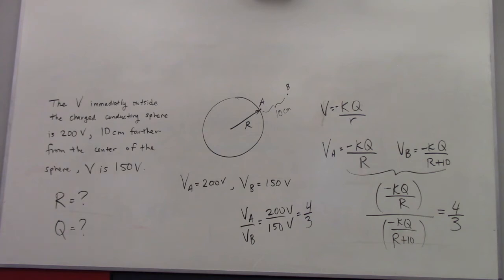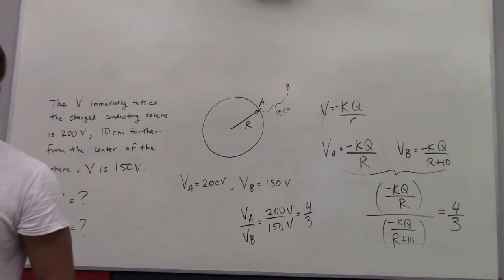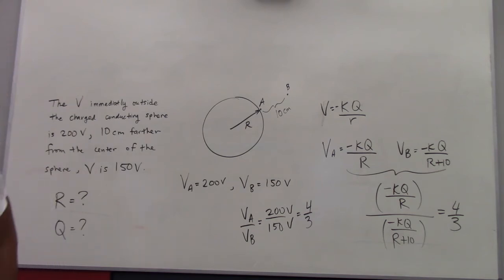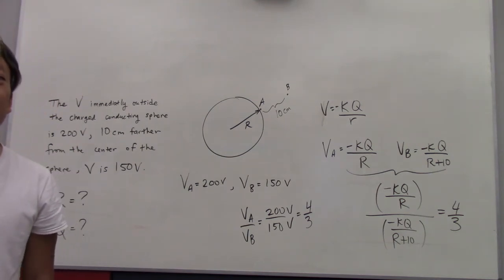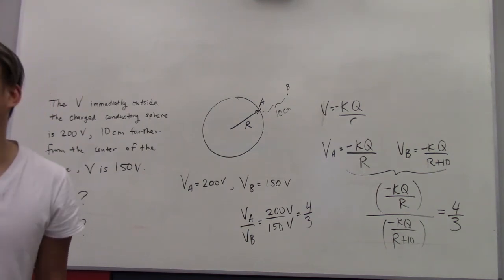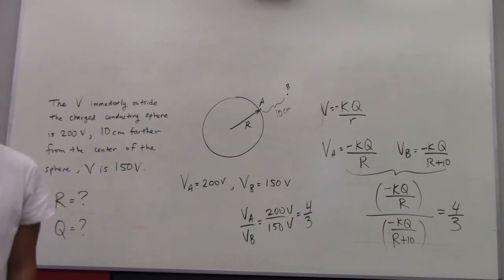Give somebody else a chance. Who else gets it? You have to show me how you got it. What would you do? You just plug in R, for either one. Yeah, that's right.